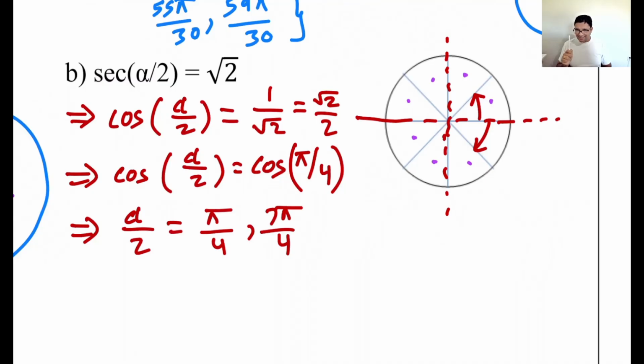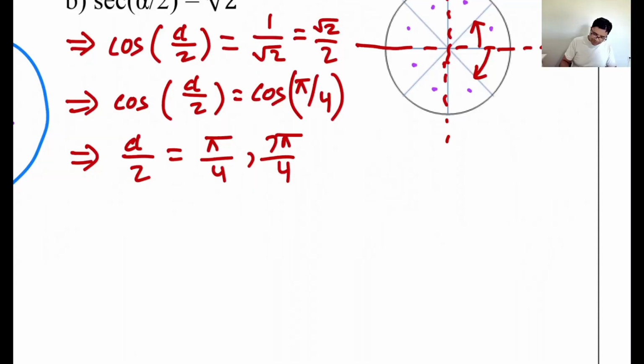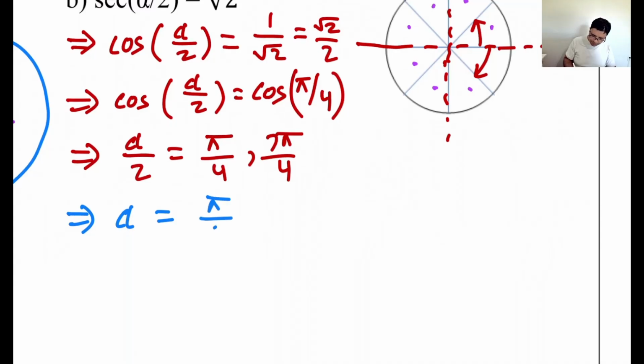But unlike the previous case where you had to include more angles, here in fact you might have to include fewer angles, because you have alpha divided by 2. If you try to solve here, you multiply by 2 throughout and get pi over 2 and 7 pi over 2. Now that 7 pi over 2 is more than 2 pi, that's like 3.5 pi.